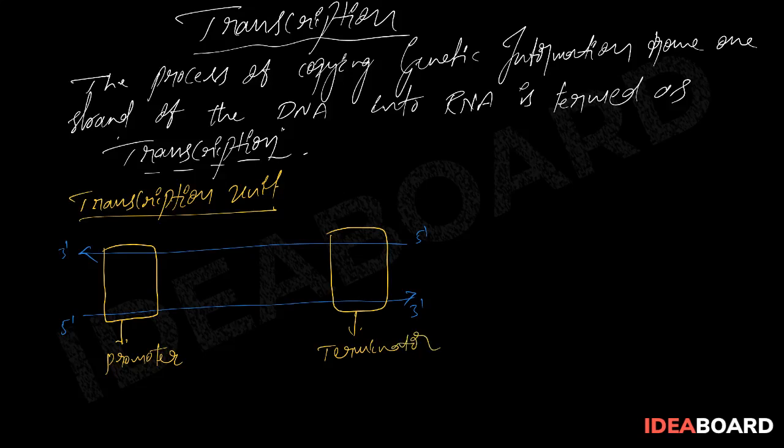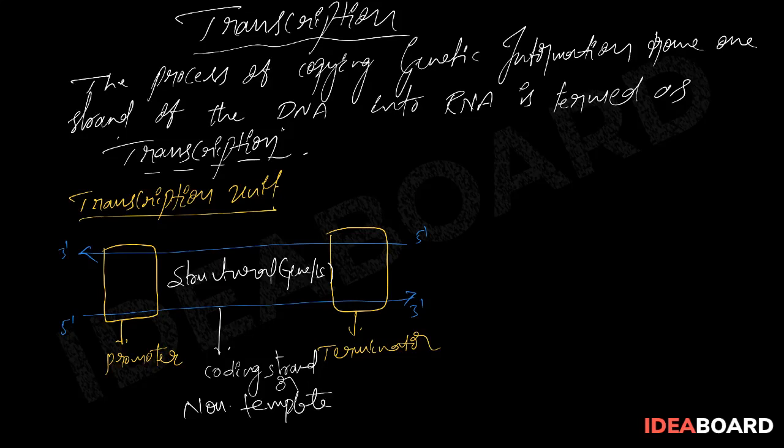In between the promoter and terminator, structural genes are flanked. So this is the structural gene, and this is what we can call the coding strand, or non-template strand.